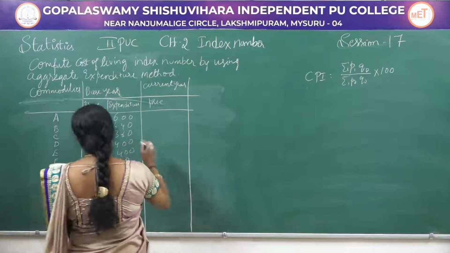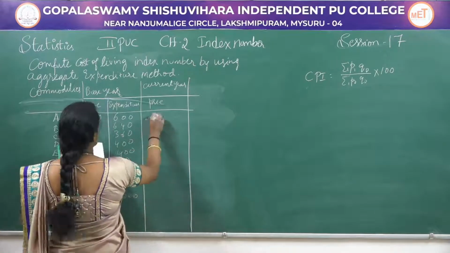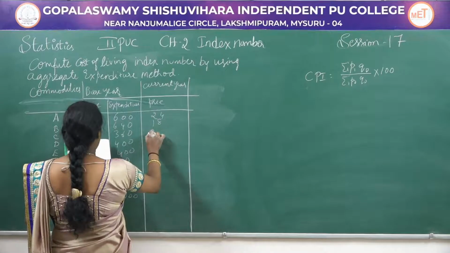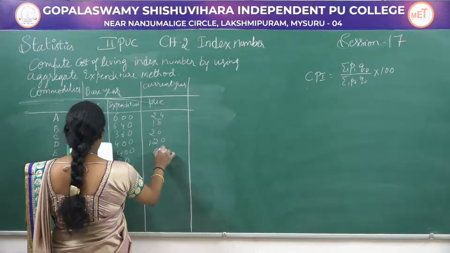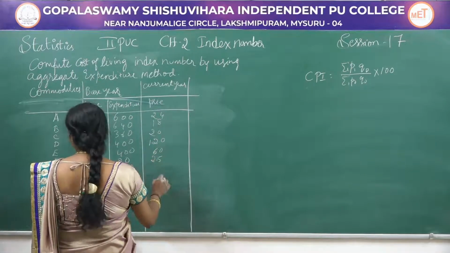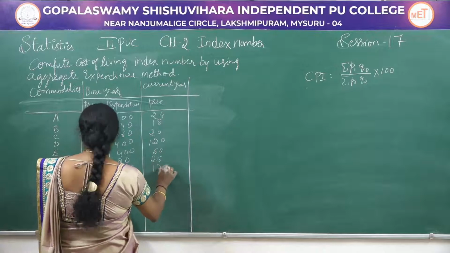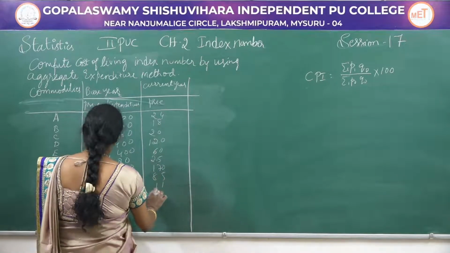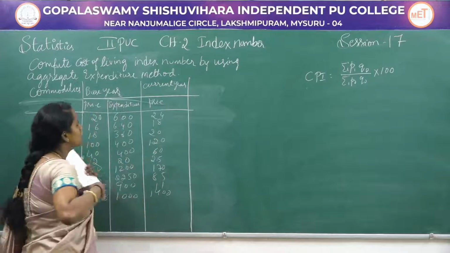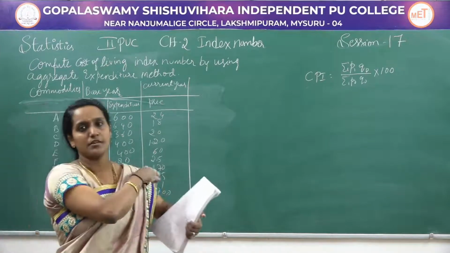Current year prices are 24, 18, 20, 120, 60, 2.5, 70, 170, 85, 11 and 1400. So this is the problem they have given.